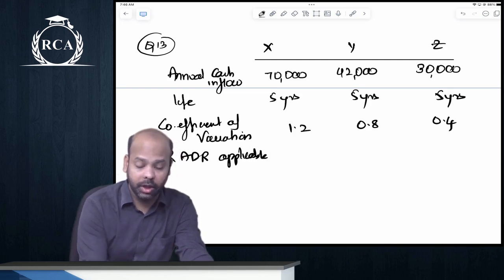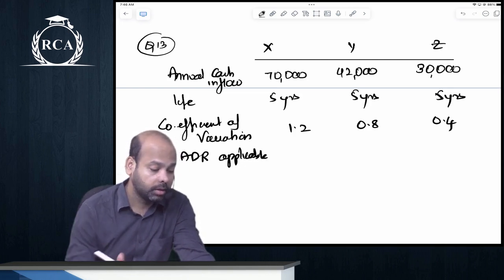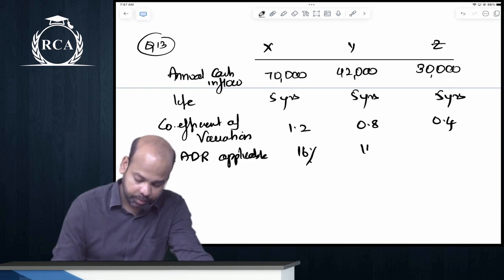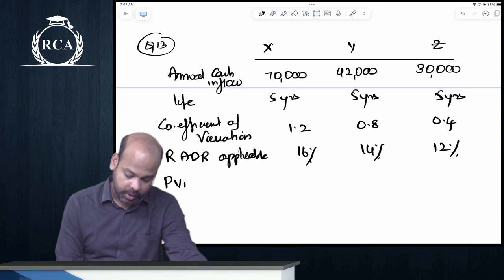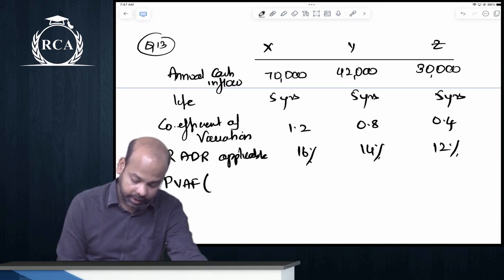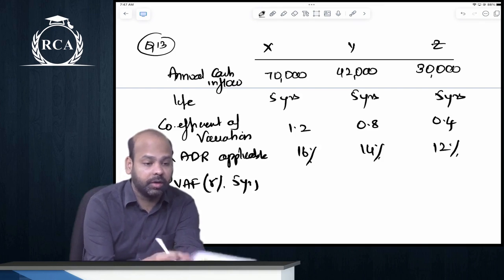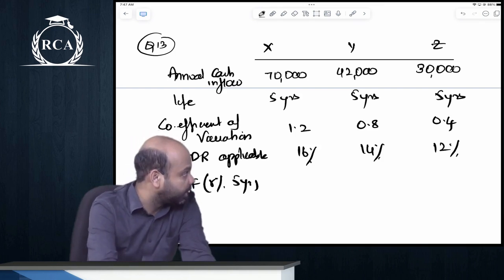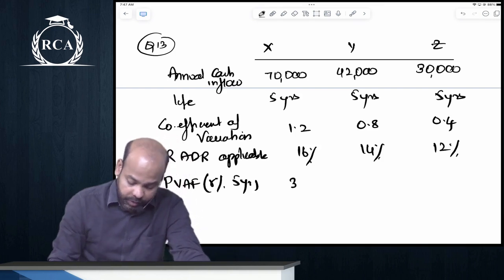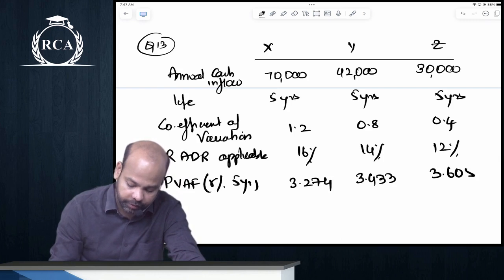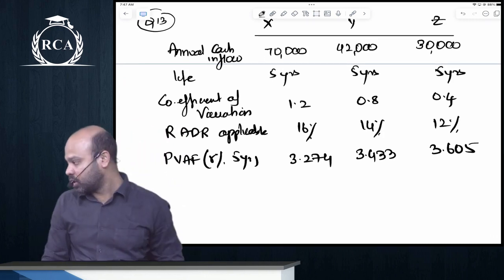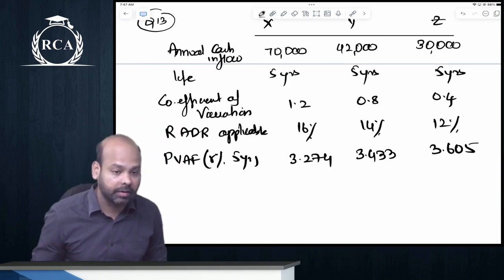For 1.2, beta, how much was the RADR? 16%. For 0.8, 14%, and this was 12%. Your present value annuity factor, guys, at whatever is your discounting rate for 5 years. For 16%, what is your present value annuity factor given, guys? 3.274. The second one: 3.433, 3.605. You have your annual cash inflow, you have your PVAF at r%.